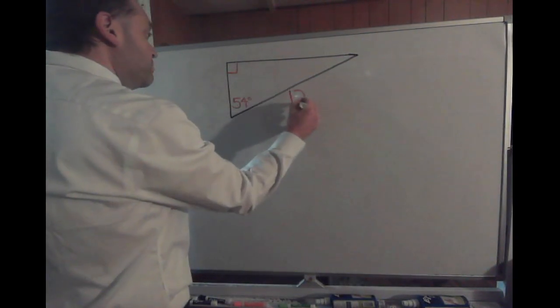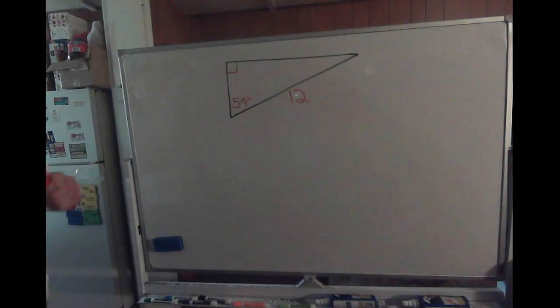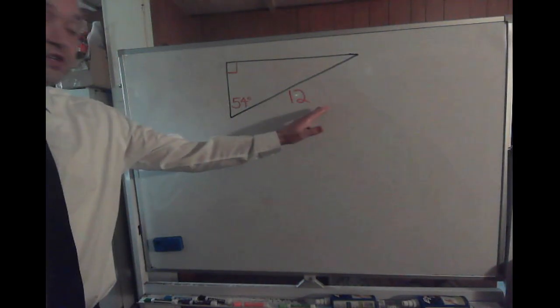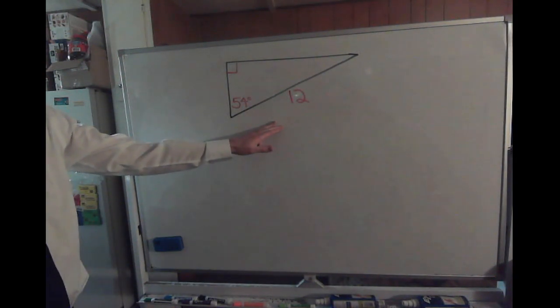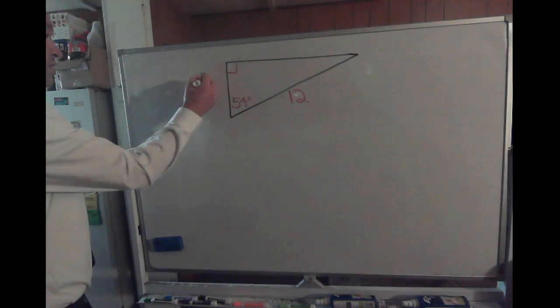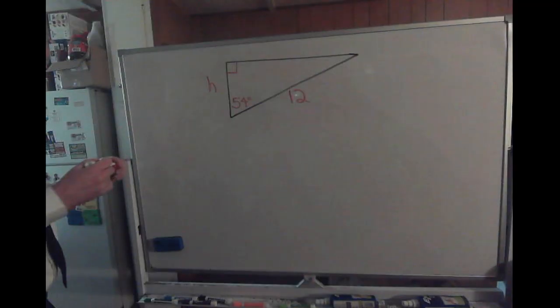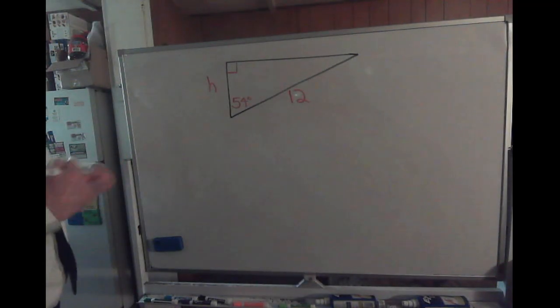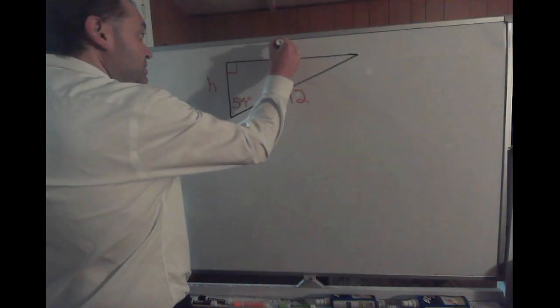So this time we have a right triangle where the hypotenuse is given to us to be the length of 12, but we don't know the height, which would be this side here, right? It'd be this leg. And for one, we also don't know the base.